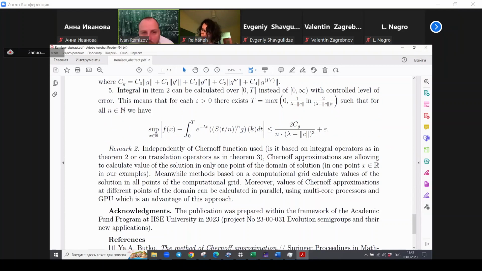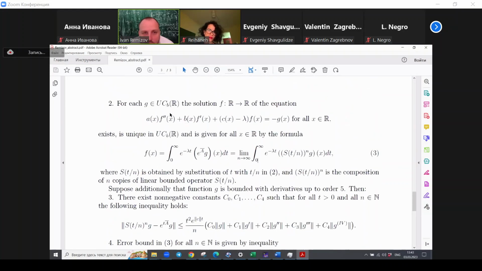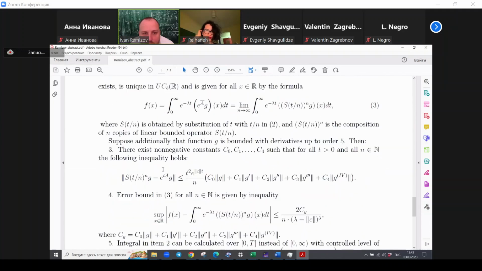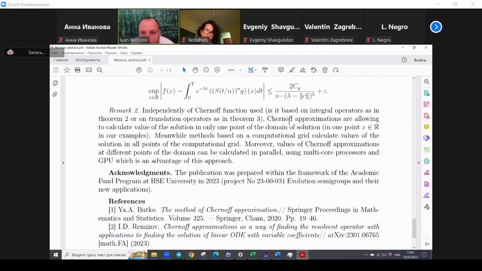it is based on integral operators in theorem 2, or here based on the translation operators, here those operators. Anyway, Chernoff approximations allow us to calculate the solution only at one point of the domain, one x in our example.